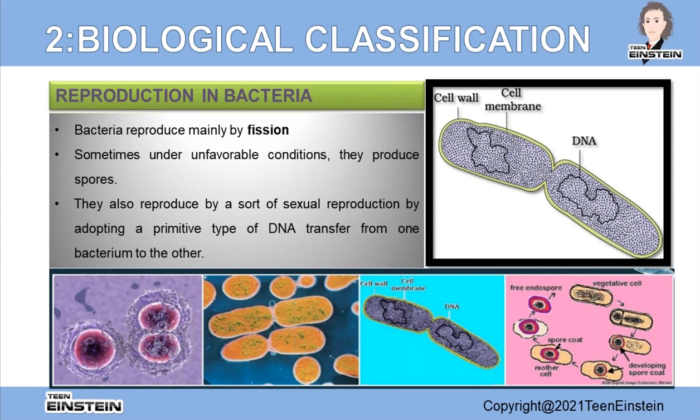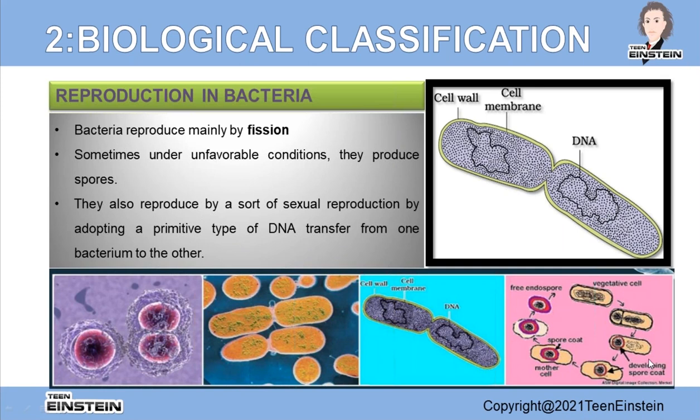So they also reproduce by a kind of sexual reproduction, by the transfer of DNA from one bacterium to another. It's a particular type of sexual reproduction, adopting a primitive type of DNA transfer from one bacterium to another.